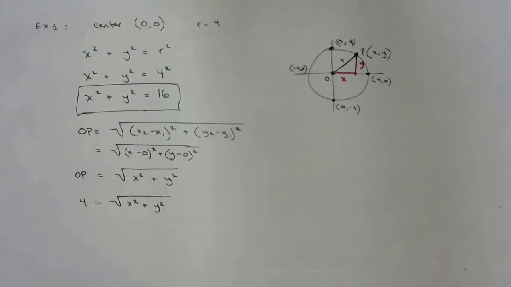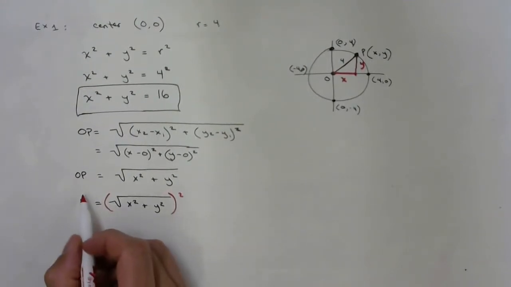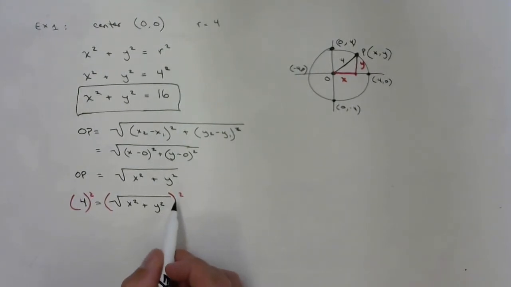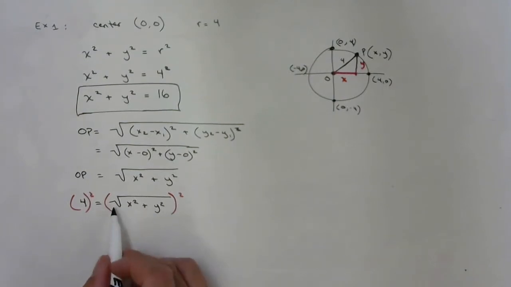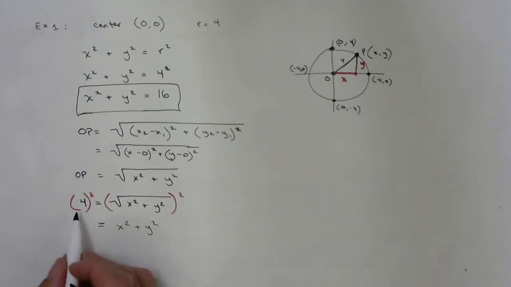So now, if I wanted to continue to simplify this, I see that this whole side is square rooted. So I'm going to square both sides. On the right hand side, this square is going to eliminate this square root, leaving me with just x squared plus y squared. And on the left, 4 squared is 16.